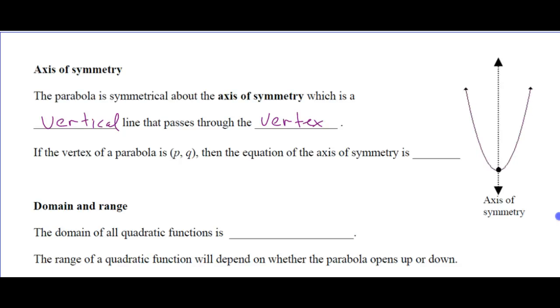So what's the equation of the axis of symmetry? So this is the point P, Q. We get a vertical line, which has an equation of, think back a while ago.